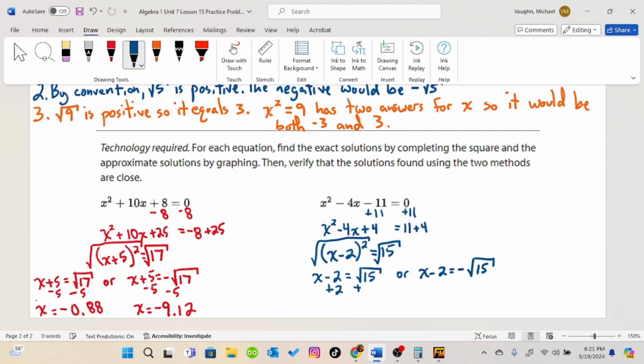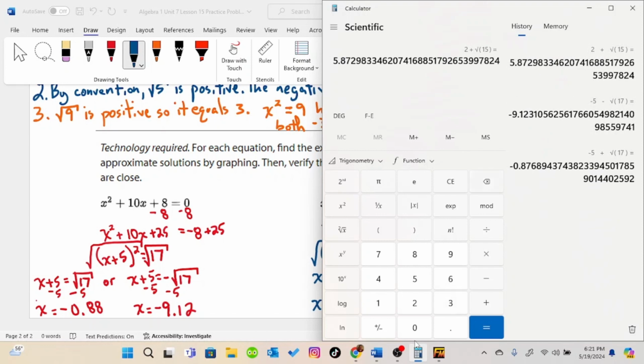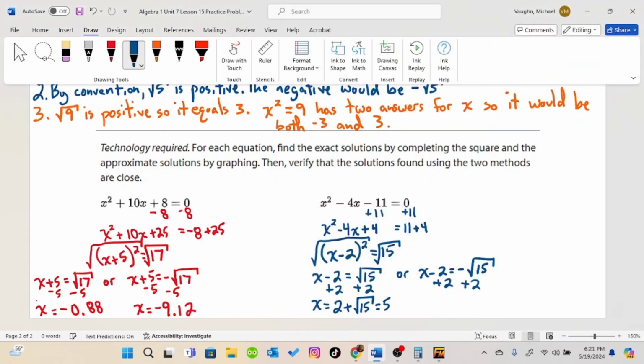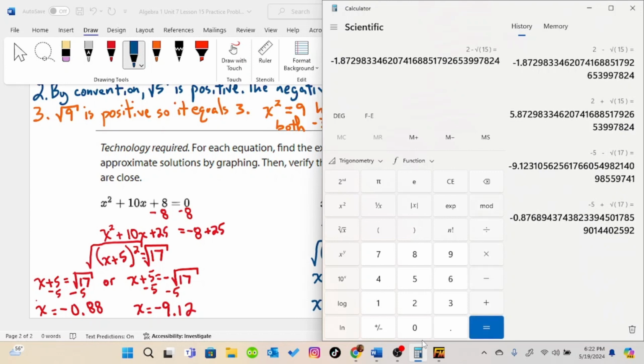We add 2 to both sides on both equations, and we get x equals 2 plus the square root of 15, which equals 5.87, or x equals 2 minus the square root of 15, which equals negative 1.87.